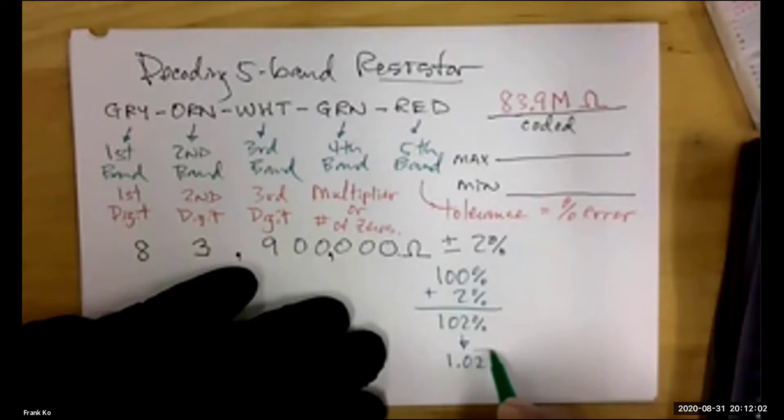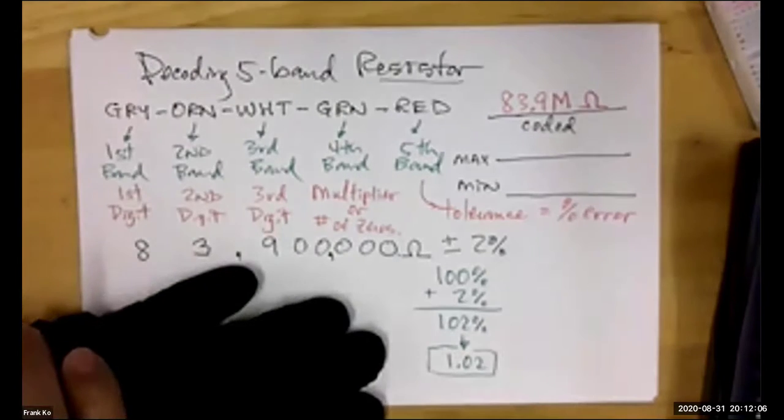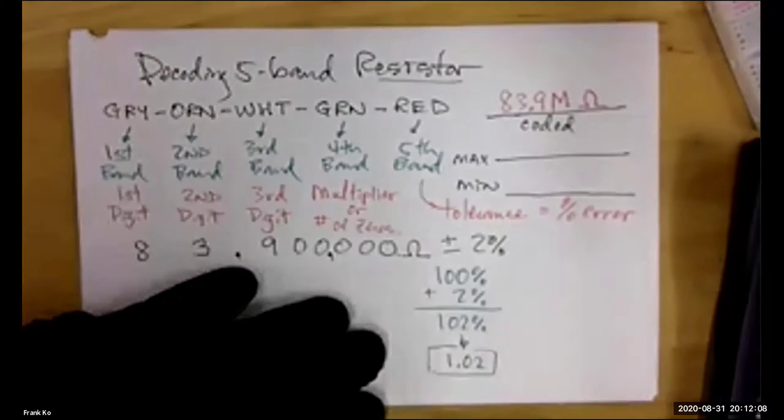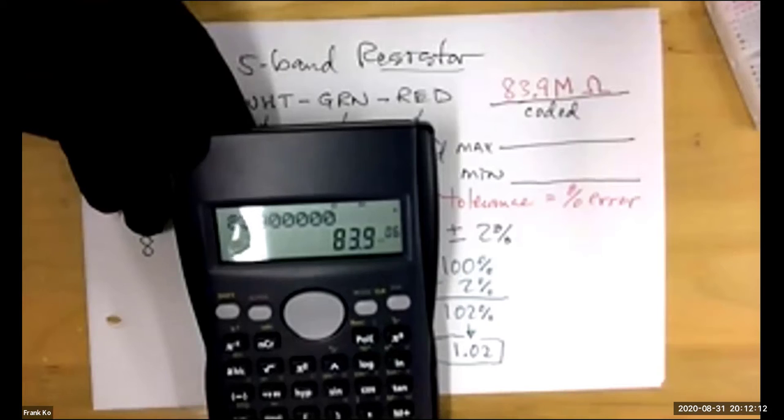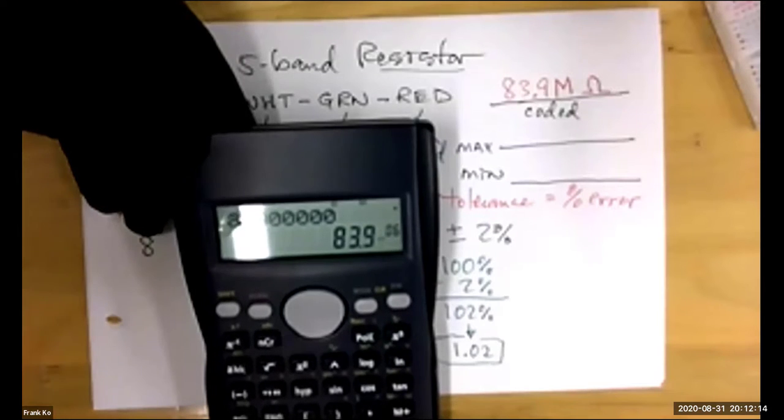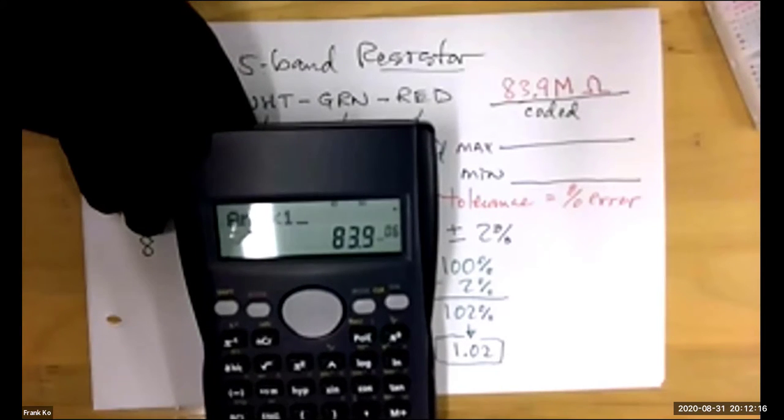Does everybody understand what we're going to need to multiply by in order to calculate maximum? Okay, so while this number is on the display of the calculator, multiply that by 1.02. Enter.